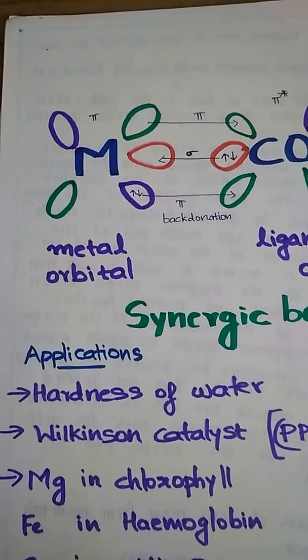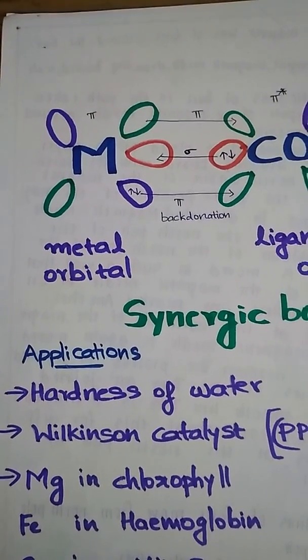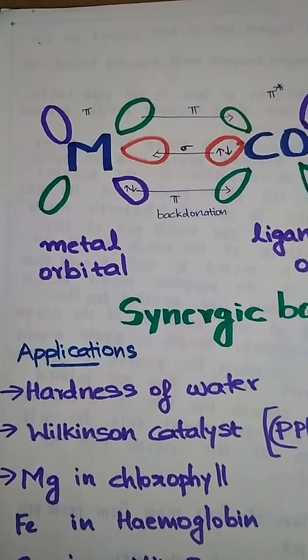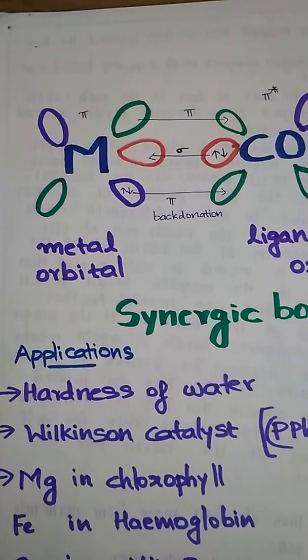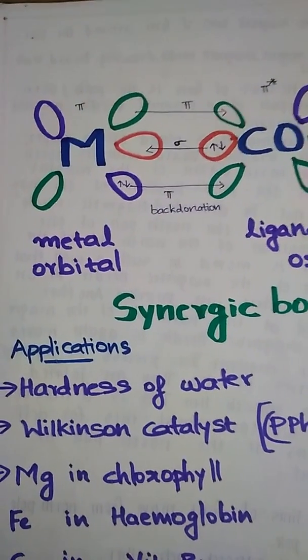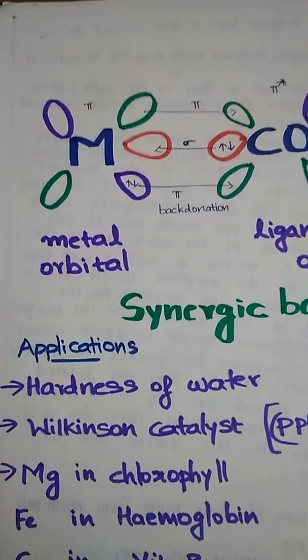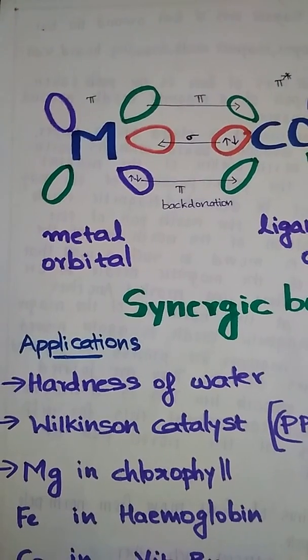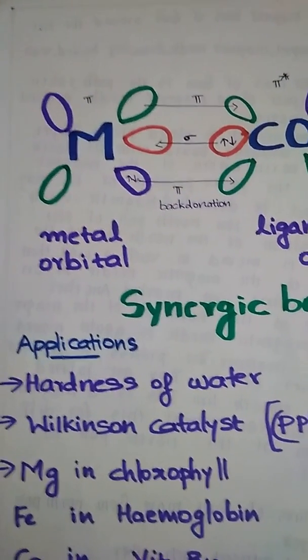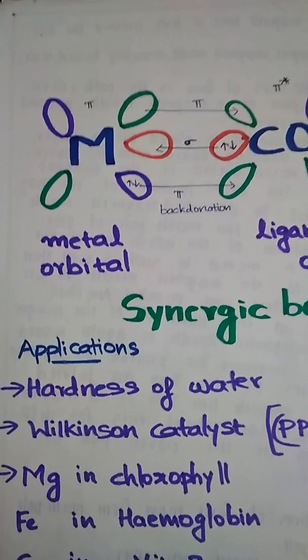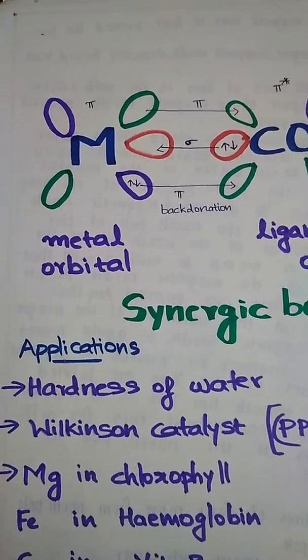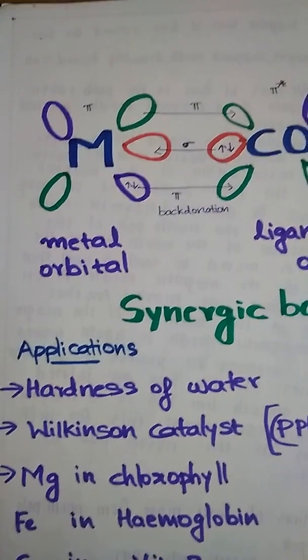Here we are mainly focusing on temporary hardness, which is caused by the presence of the metals calcium and magnesium. When it is titrated against EDTA, we can find how much hardness is present in that water. In that way, we can find the hardness of water using a coordination complex.